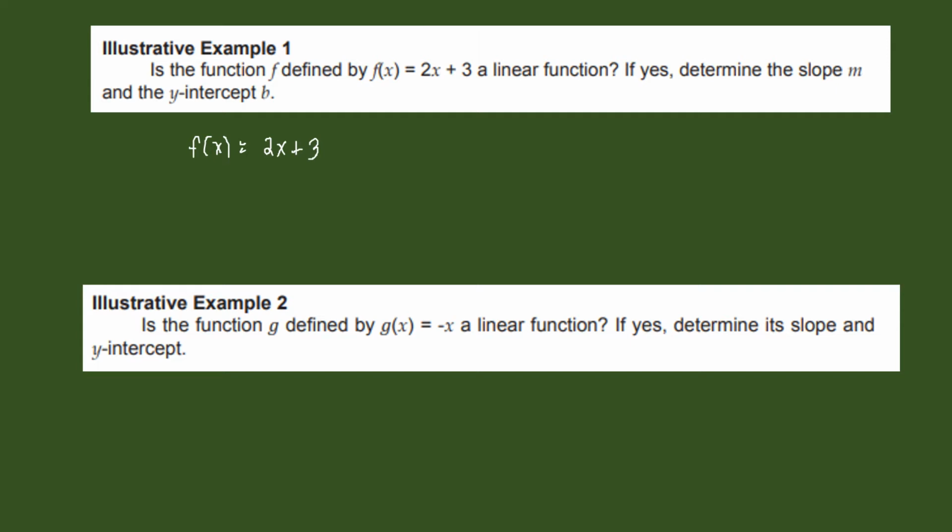So can you see here an m? Because the standard form for a linear function is mx plus b. So this is m, this is b, both are real numbers. So therefore, if we look here, the highest exponent of the variable x is 1.